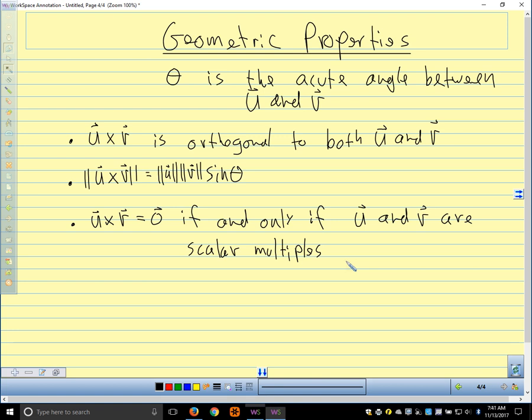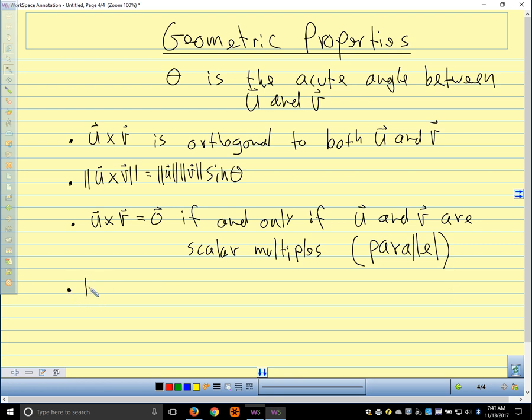What's another way of saying that? They're parallel vectors. So our cross product is zero if and only if the two vectors are parallel. This gives us a way to test for parallel vectors. Scalar multiple is usually an easier way to test, but if we know the cross product is zero, that also tells us the vectors are parallel.